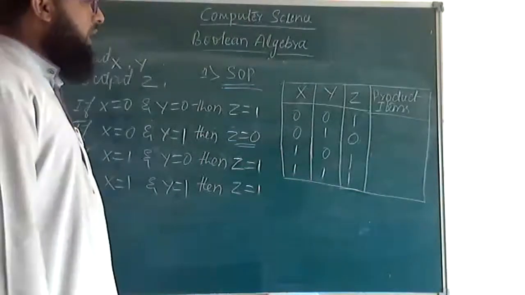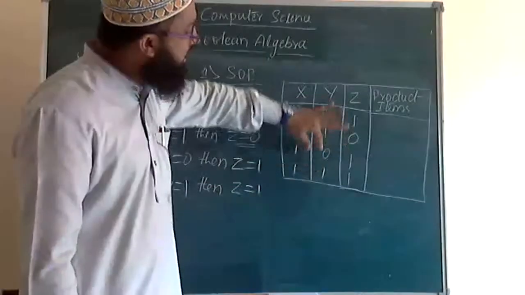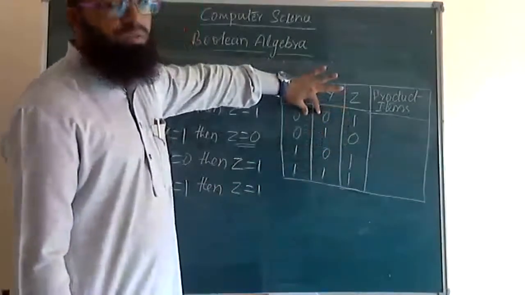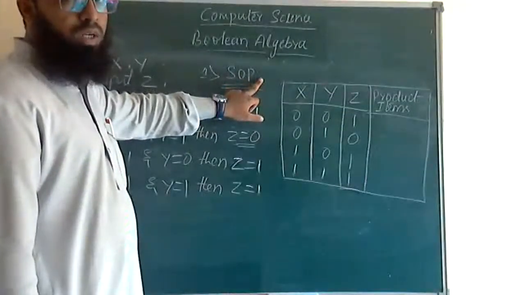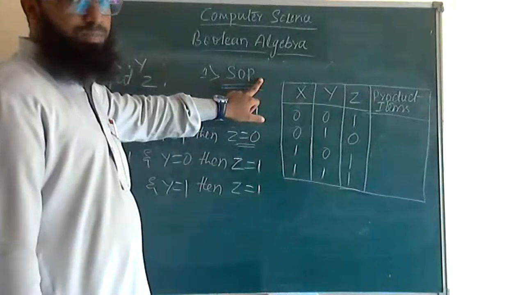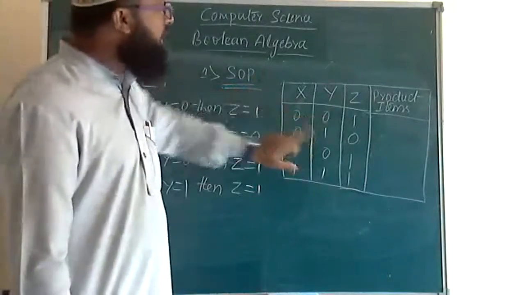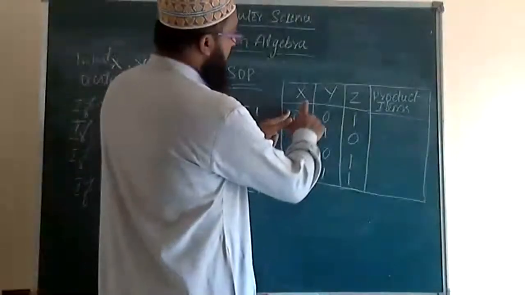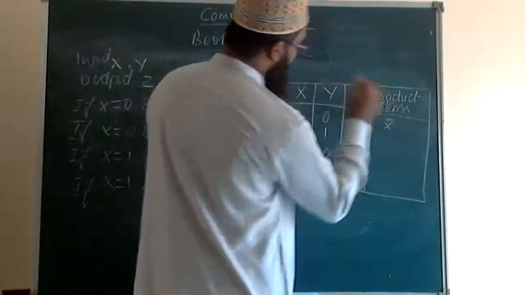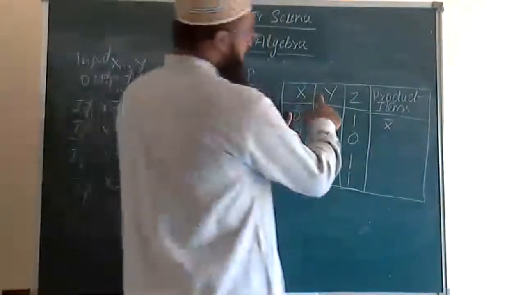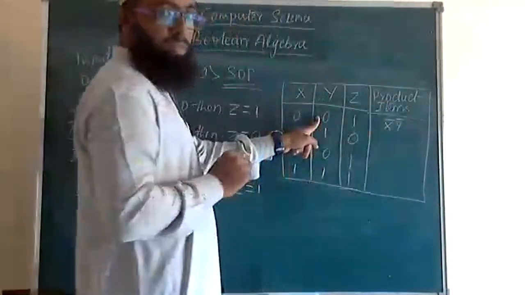The product item for this: we have to write the variables for these values. For min term, because sum of product is always min term. So for min terms, for every 0 value we have to put a bar. X value 0, y value 0, so we put bars.